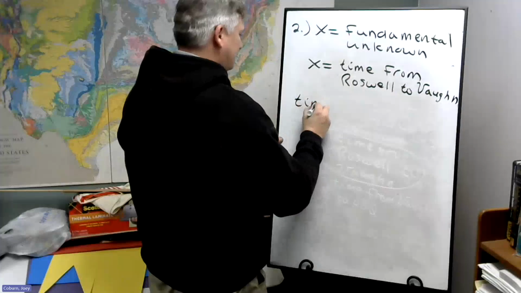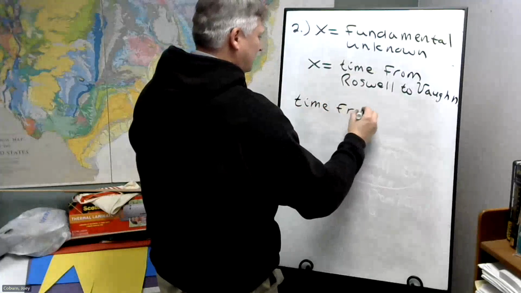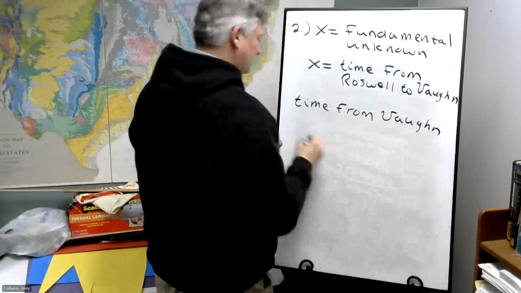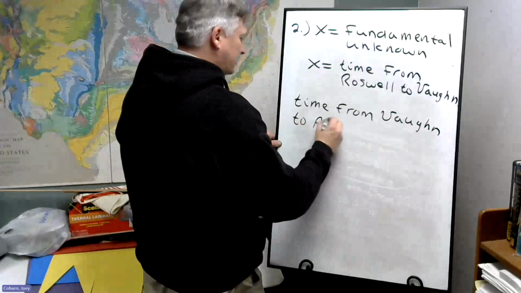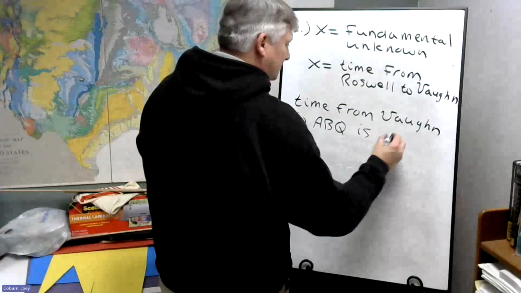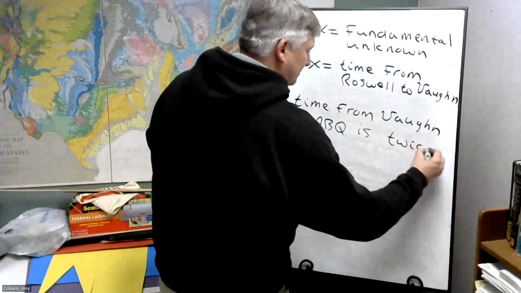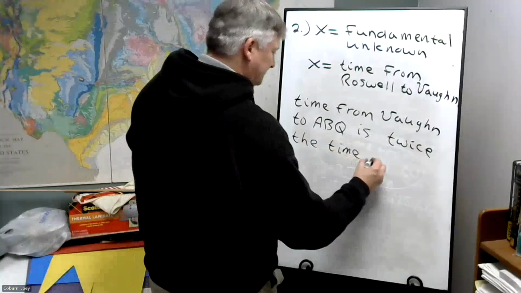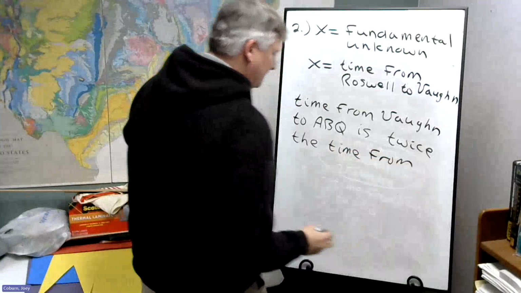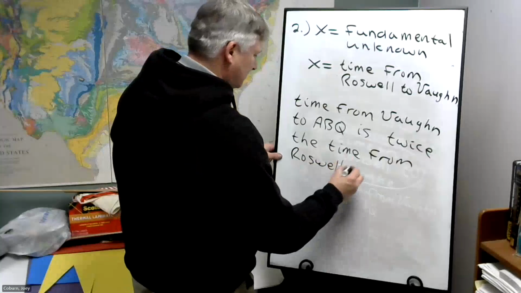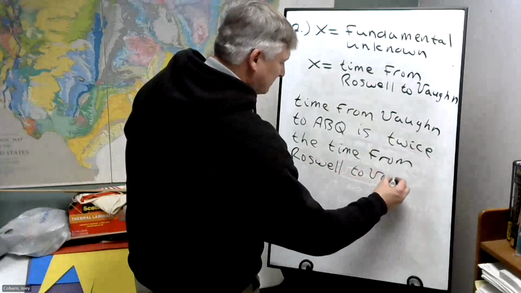The time from Vaughn to Albuquerque, which I'm abbreviating as ABQ, is twice the time from Roswell to Vaughn.